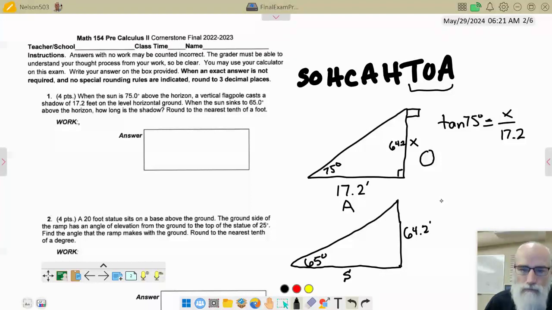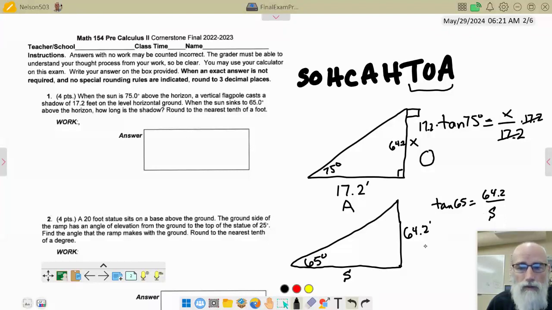And so if we have the tangent of 65 equals 64.2 over S, like last time we were multiplying both sides by 17.2 because that gets the 17.2 out of the denominator. You'd have to do that on both sides, right? Multiply both sides by S, and then you would divide by the tangent of 65.